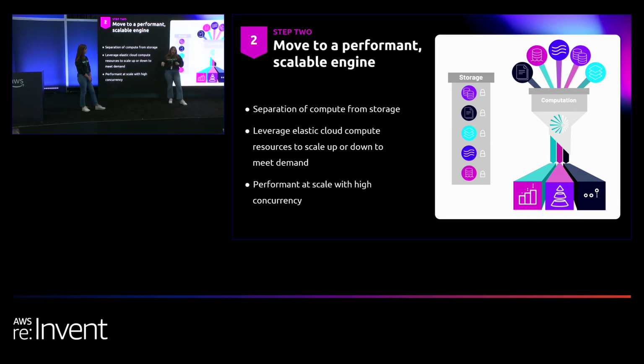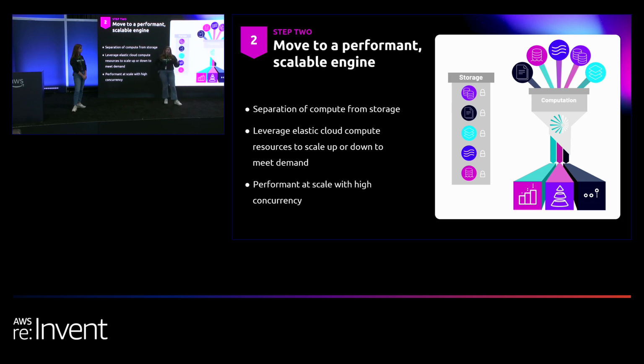The second thing we're going to talk about is how to choose a performant, scalable engine. We've already talked about the separation of compute from storage, but really capitalizing on that component is what up-levels modernization from being the regular lift and shift tech stack that we had from the past to the present, to the process we want it to be.